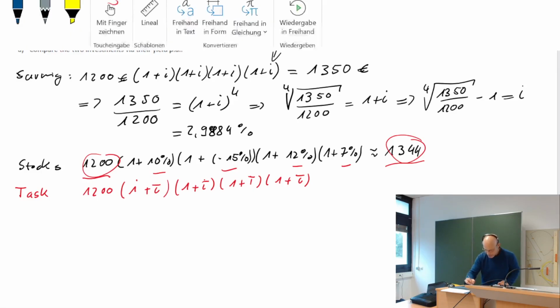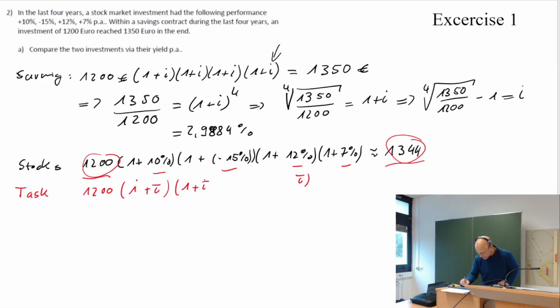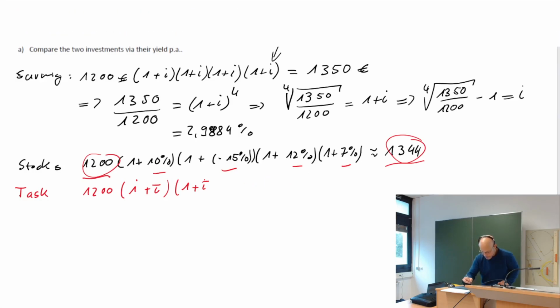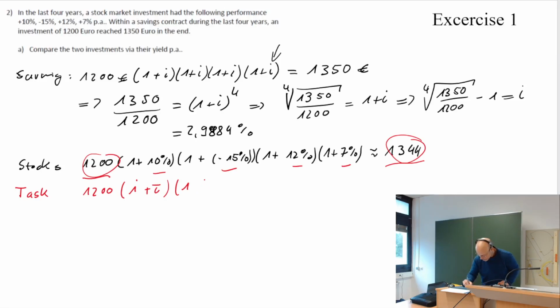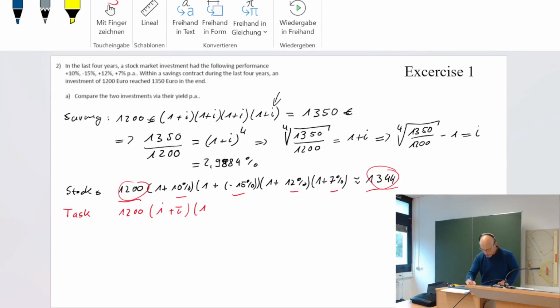I have to write it a little bit in another way. 1 plus i bar, 1 plus i bar, 1 plus i bar equals.